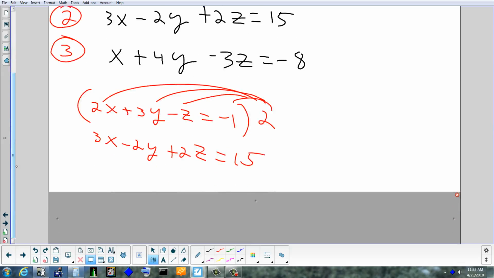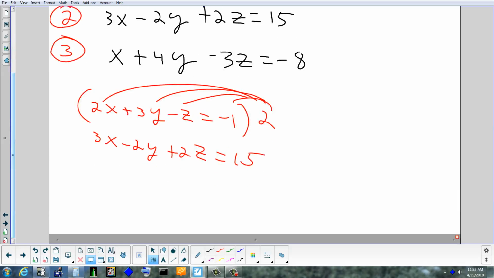Okay, you don't have to copy over the second one here. I'm going to keep scrolling down, so I'm going to lose it if I don't copy it down. All right, what's 2 times 2x? 4x. 2 times 3y? And 2 times -z? And -1 times 2? -2.